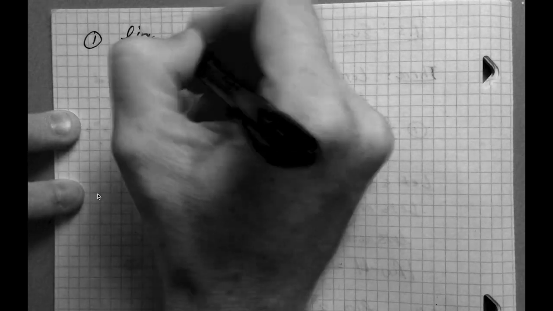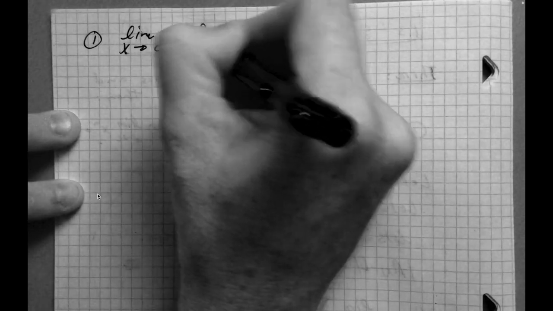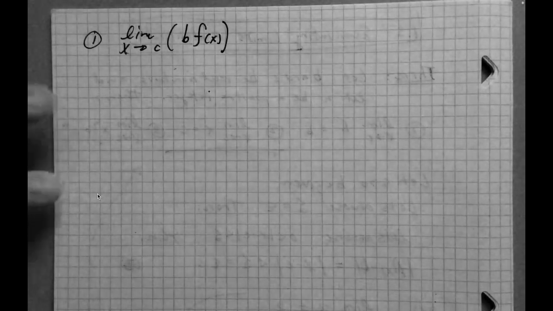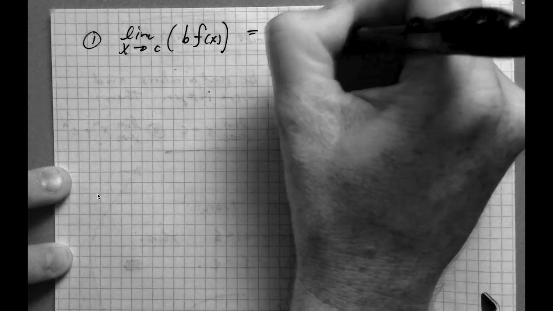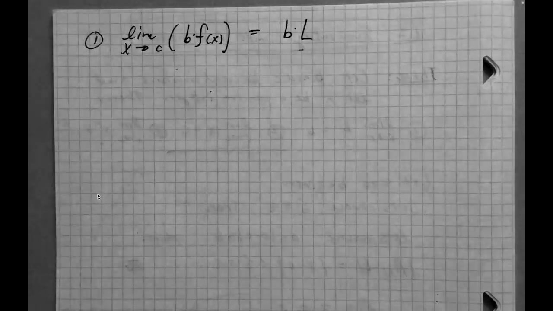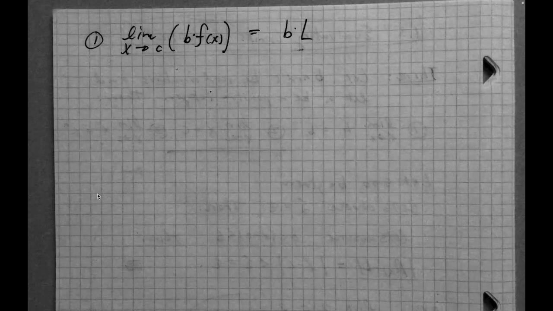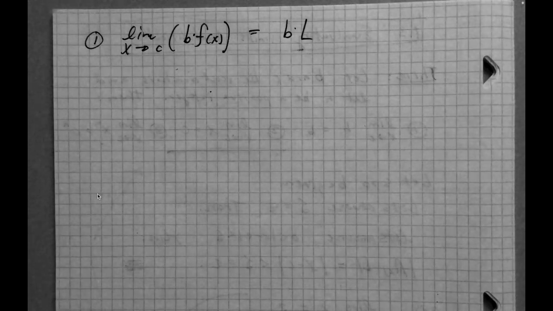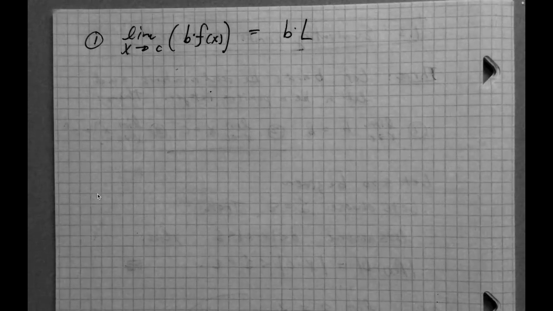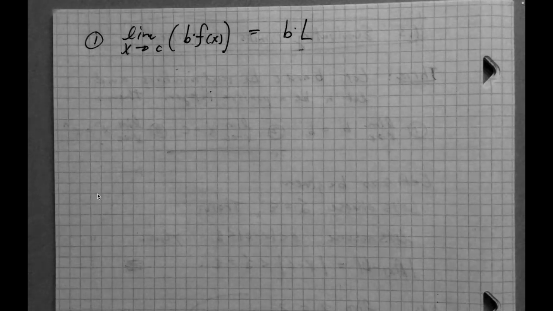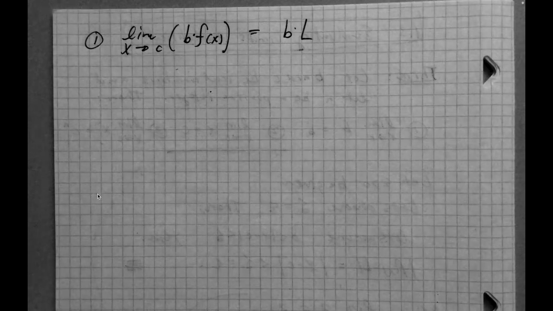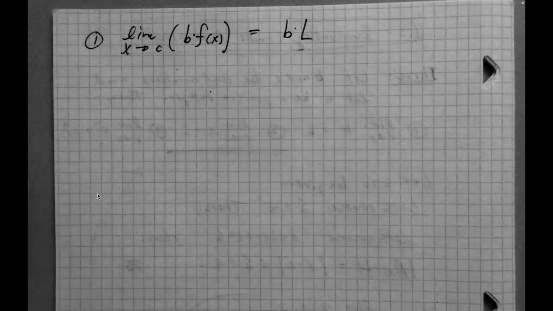So the first thing we can say is that the limit as x approaches c of b times f(x), a constant value b multiplied times the function, is going to be equal to b times L. So whatever the limit of f is, the limit of b times f is going to be b times that limit. This would be useful in the case of a polynomial where you can factor out a constant.